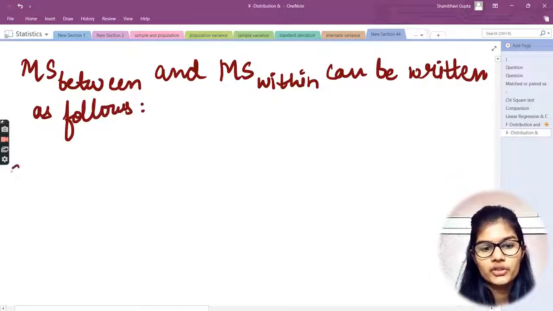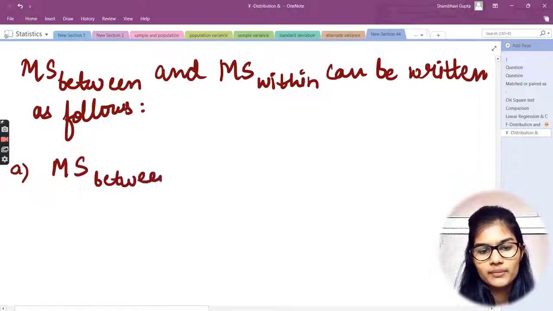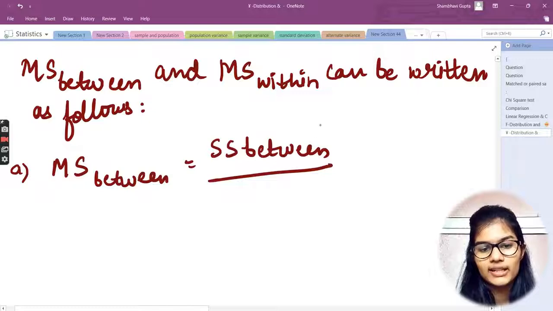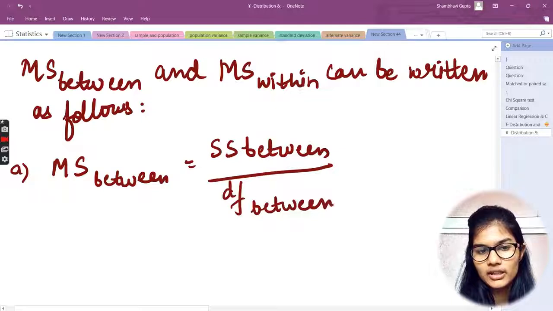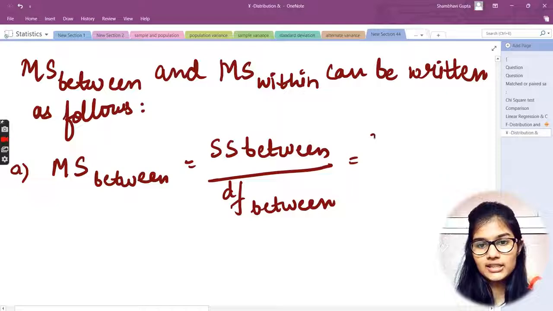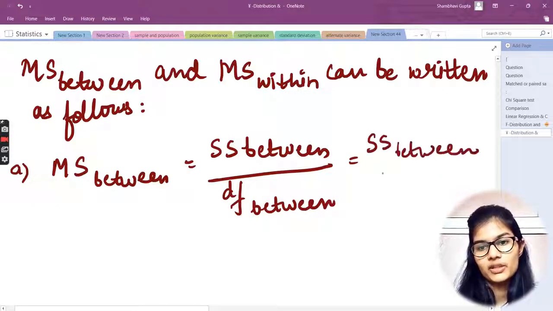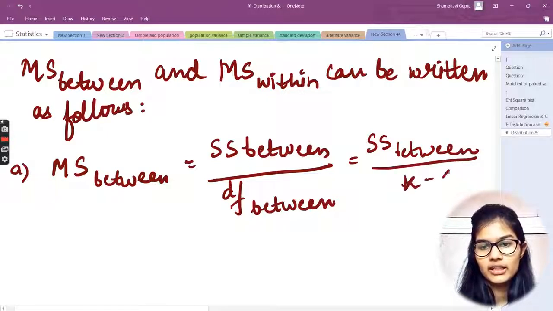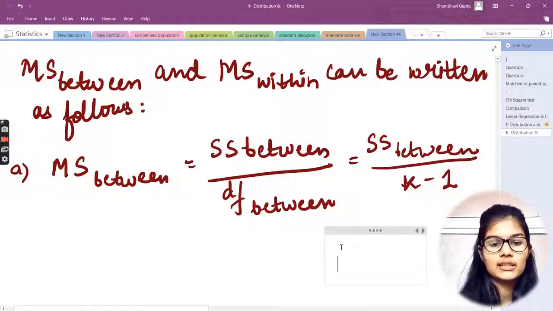For the first one, A, we have MS between equal to SS between divided by DF between, which is equal to SS between divided by k minus 1. Right here we just put the things like this.